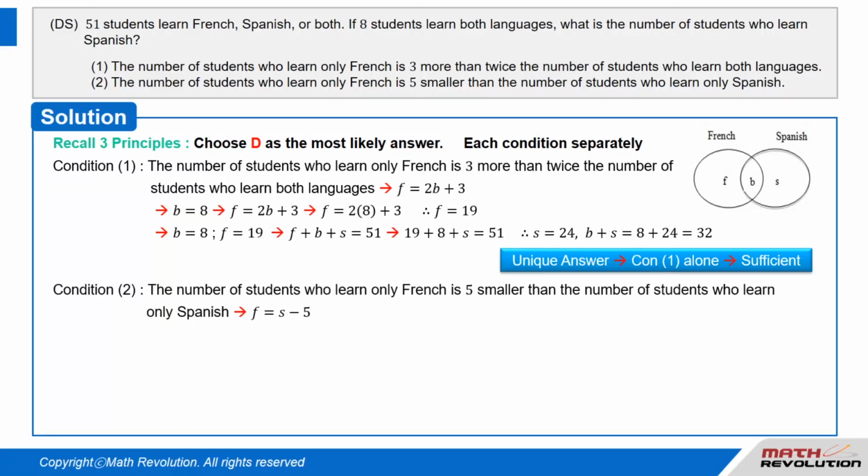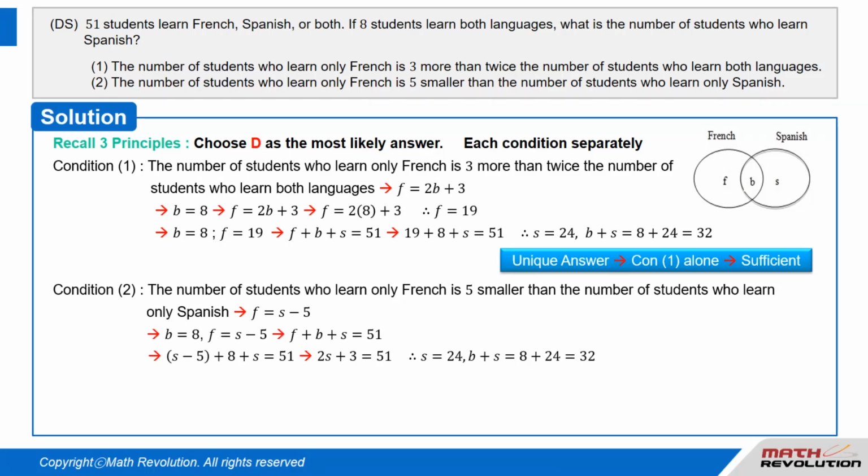Condition 2 tells us that the number of students who learn only French is 5 smaller than the number of students who learn only Spanish. That is, F equals S minus 5. Substituting this in the original condition B equals 8, F plus S plus B equals 51, we get (S minus 5) plus S plus 8 equals 51.